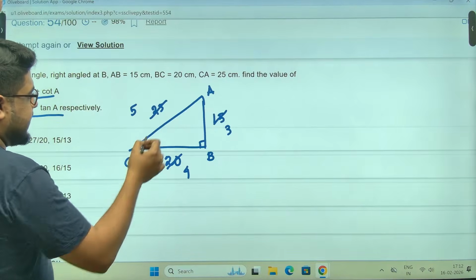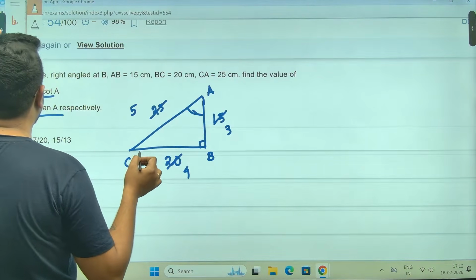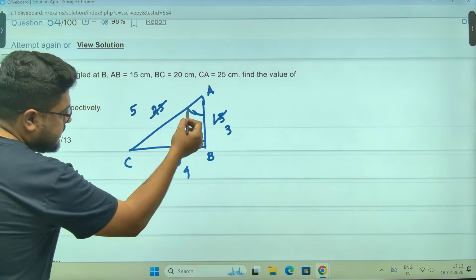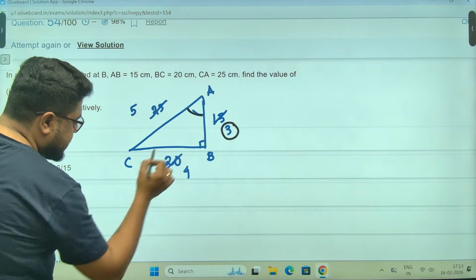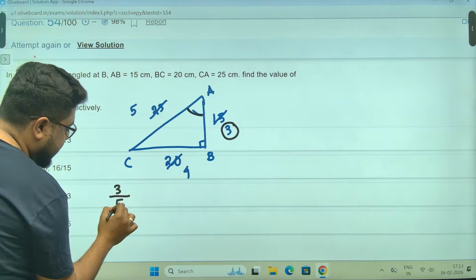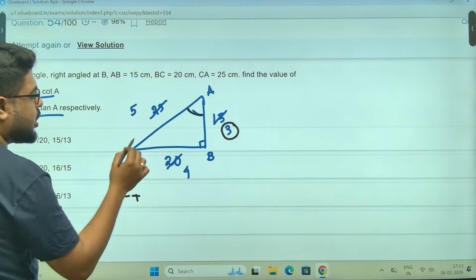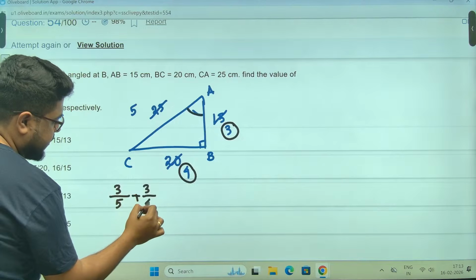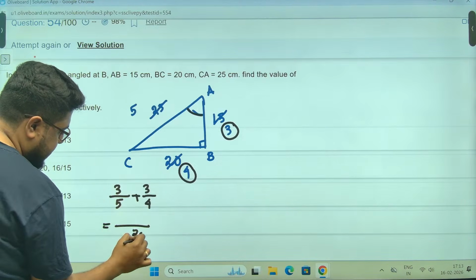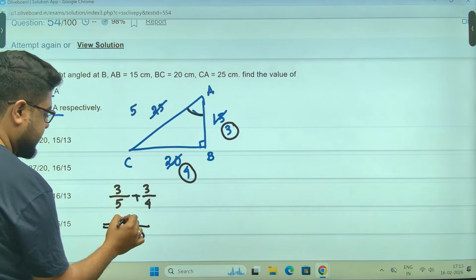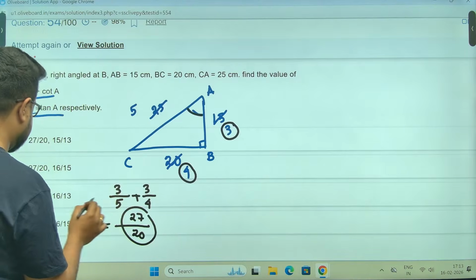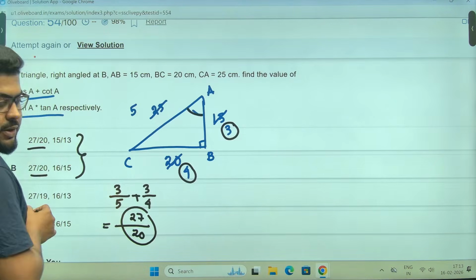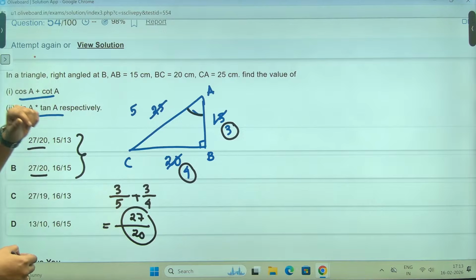So cos A. This is my angle A, sir. So cos A will be what? From this perspective, this is your base by, sir, 5, plus cot A. So tan A would have been 4 by 3, so this would have been 3 by 4. So this is 20, 15 and 12, sir. 27 by 20, meaning, sir, either option A or option B, because only those have 27 by 20.